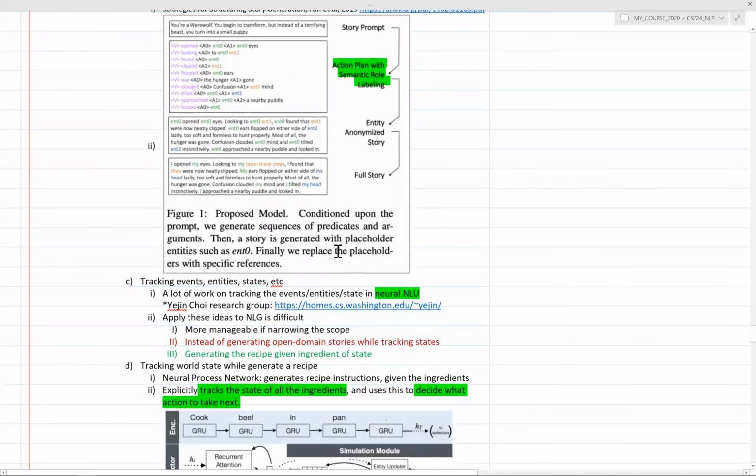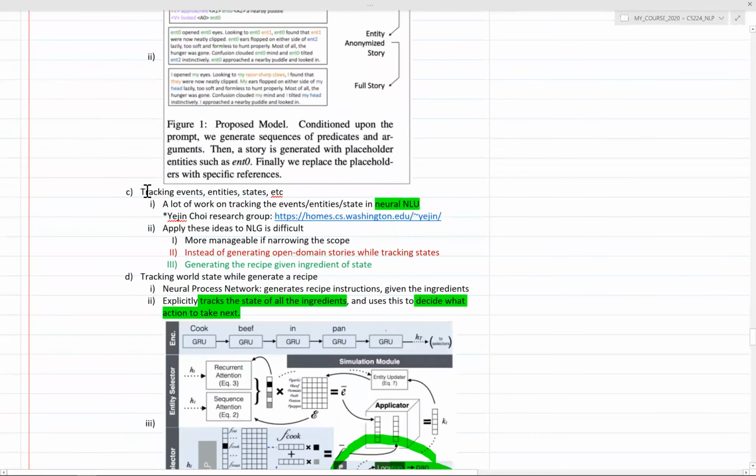And there's another technique called tracking events, entities, and states. This is actually a neural language understanding task, by tracking all these events, entities, and states within the human languages.